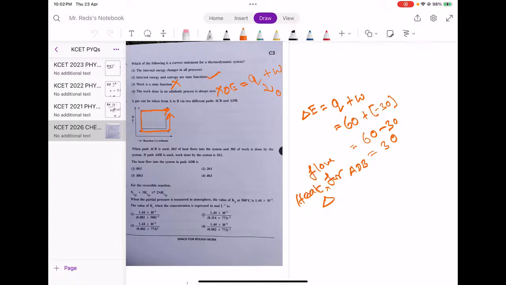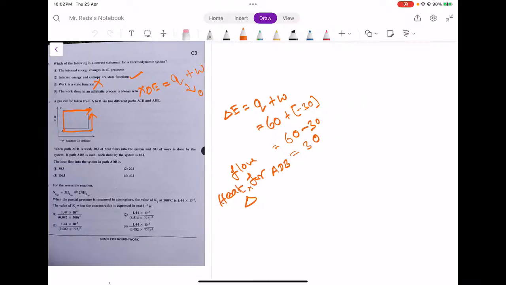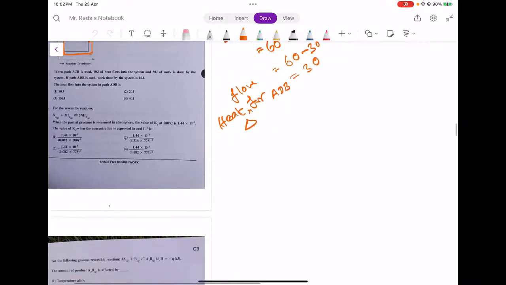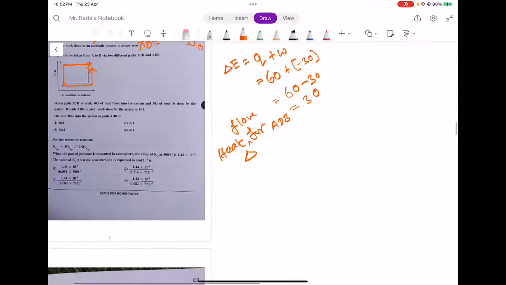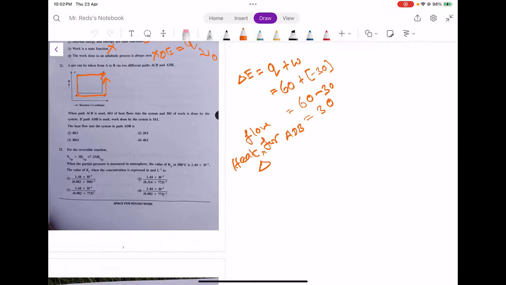See, students, I'm going to continue question number 21. What is asked here is heat flow into the system in path ADB. ADB, not ACB.